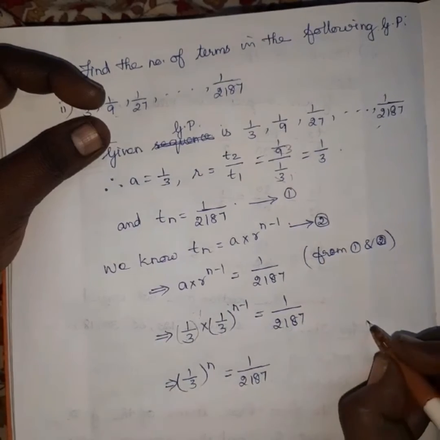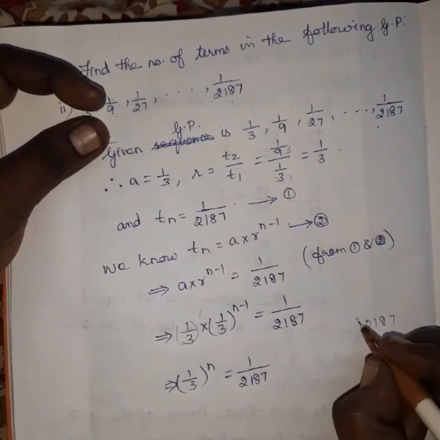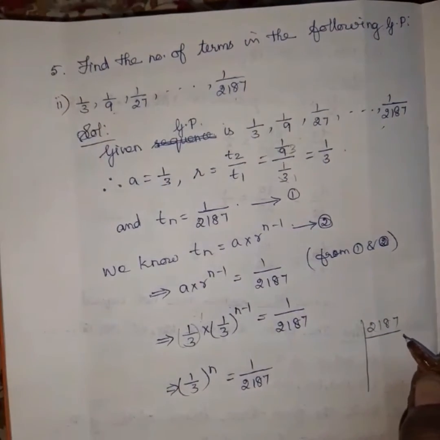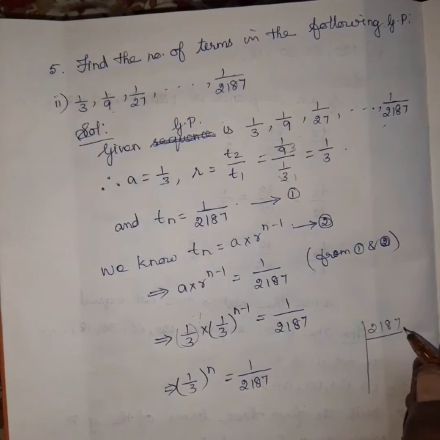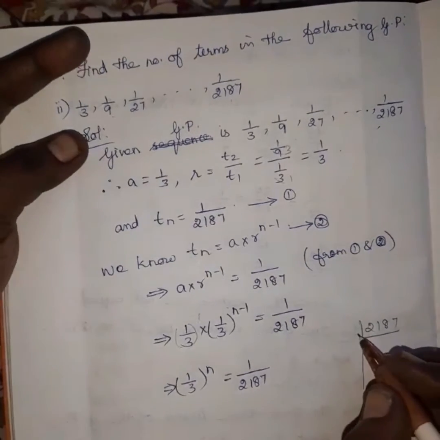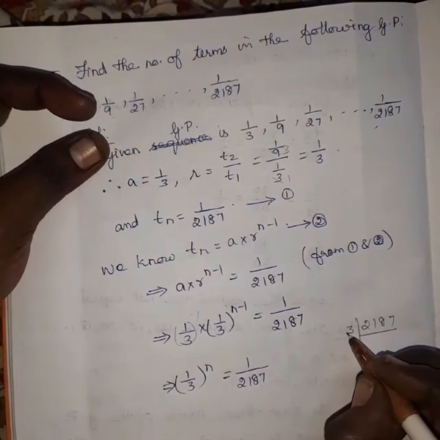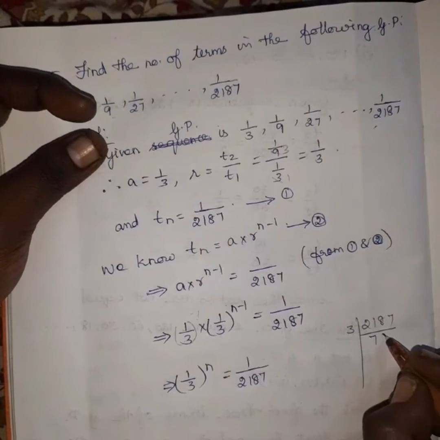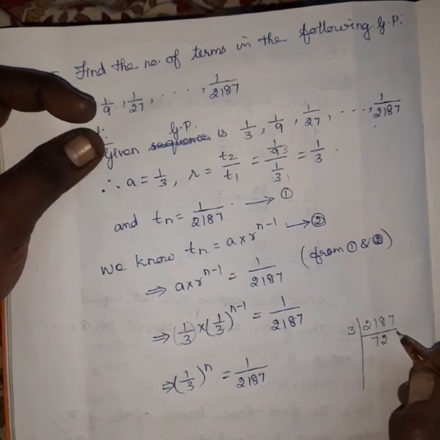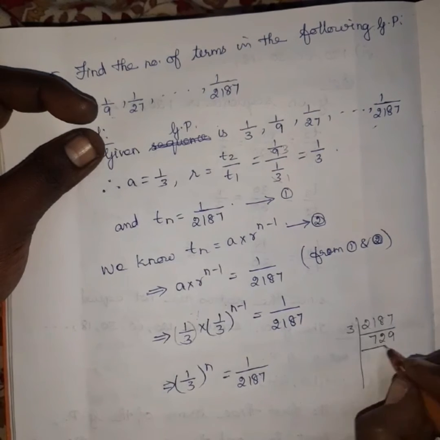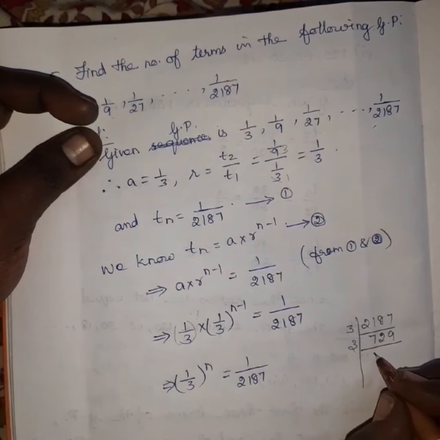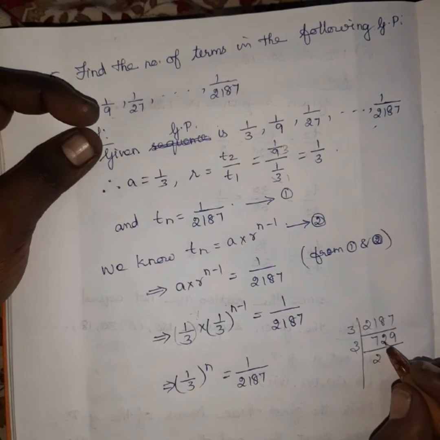Okay, we can factorize this 2187 using the 3 table. If you factorize, that will give the answer correctly. Okay, now using 3, 7 3s are 21, 2 3s are 6, remainder 2, 27, 9 3s are 27. Again using 3, 3 2s are 6, remainder 1, 12, 4 3s are 12, 3 3s are 9.